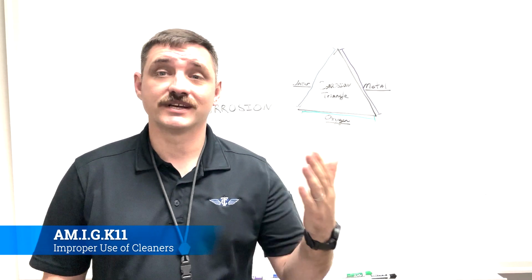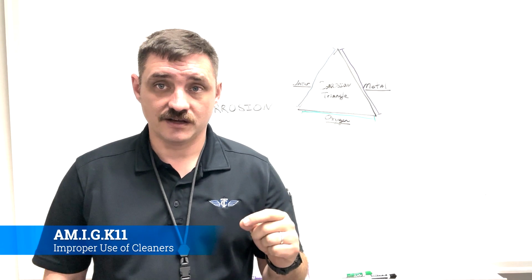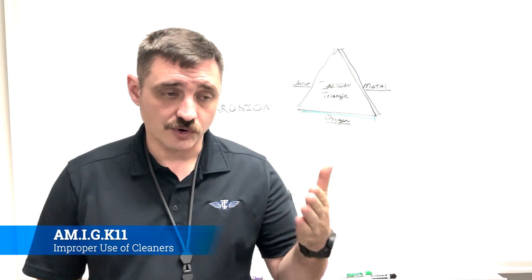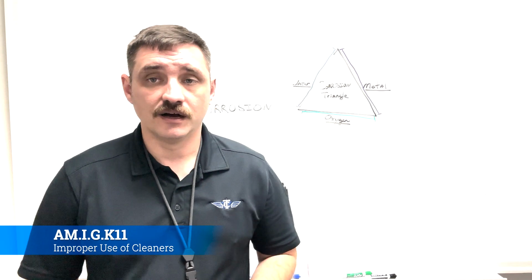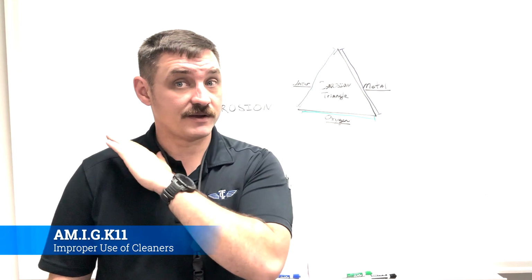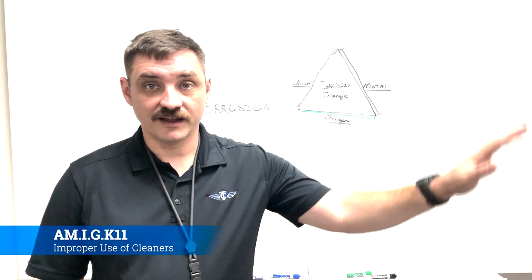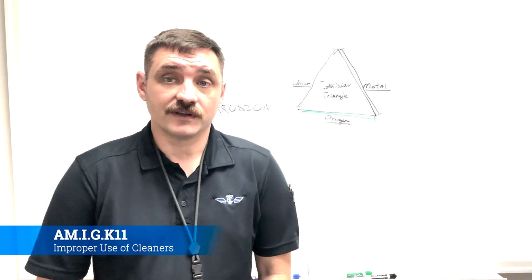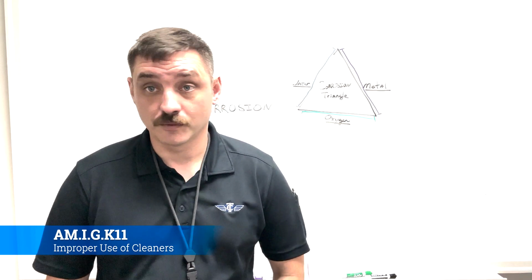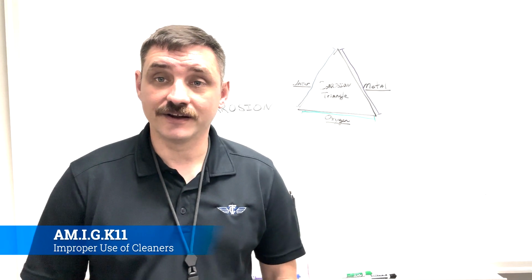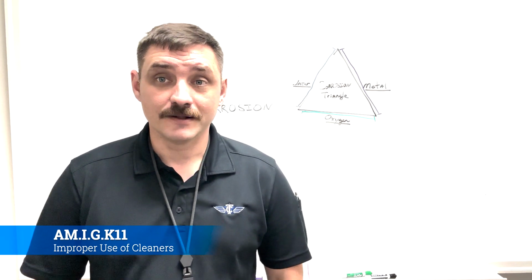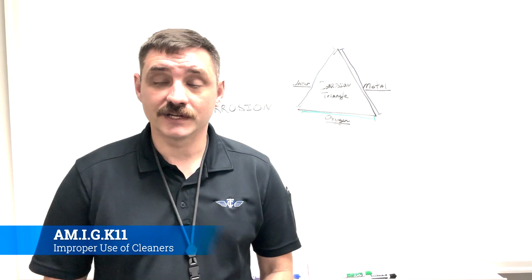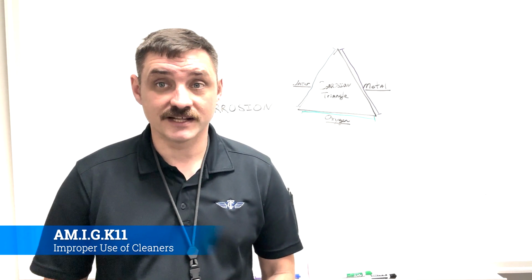But even that will still take some time. Some cleaners can be so aggressive that they corrode the metal themselves. I've seen somebody completely destroy an airplane because they used the wrong type of cleaner. The cleaner worked and made it look pretty, but within a couple of days, you start to realize a mistake was made.